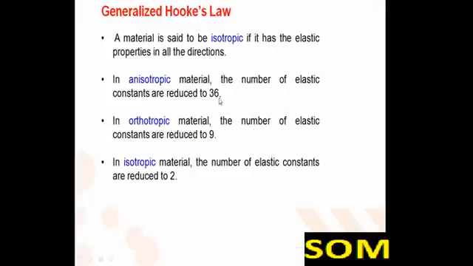A material is said to be isotropic if it has the same elastic properties in all directions. In an anisotropic material, the number of elastic constants is 36. In orthotropic, elastic constants are 9. In isotropic material, the constants are reduced to 2, that is Young's modulus and Poisson ratio.